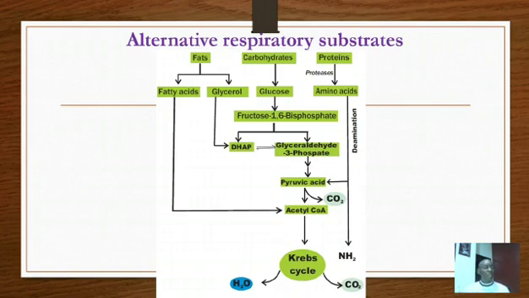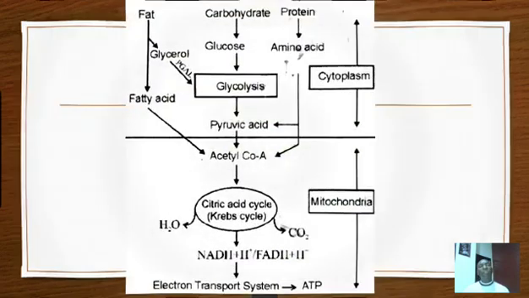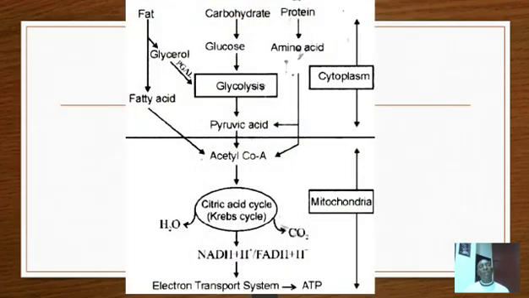So when those long hydrocarbon chains are broken down into shorter chains, each of 2 carbons, we form acetyl that combines with coenzyme A to form acetyl-CoA. That is why here we see that fats are broken down into fatty acids and glycerol.